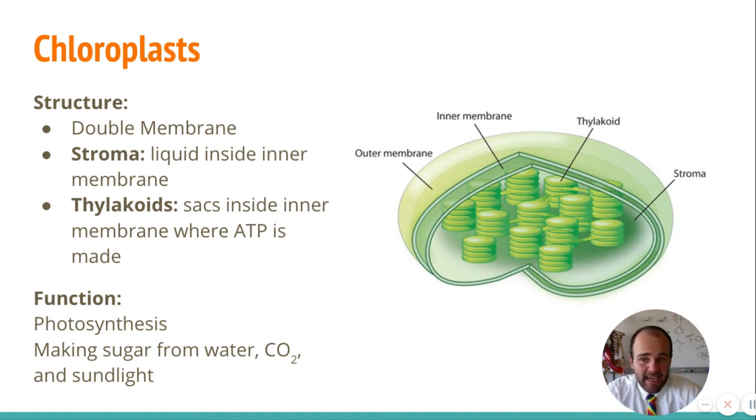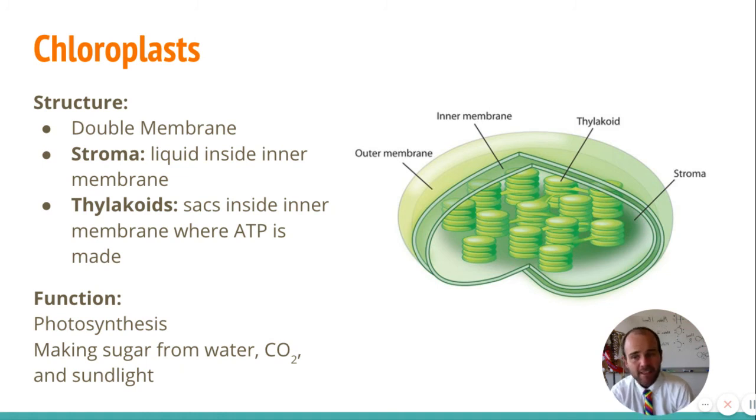What you'll find in plants, and we'll talk about later in more detail when we talk about photosynthesis, is chloroplasts. Now, these also have a double membrane and also have their own DNA because, shocker, this was also swallowed up by a cell that became the foundation of all plants. And inside, you'll find something called the stroma, which is the liquid inside the inner membrane, the cytosol of the chloroplast.